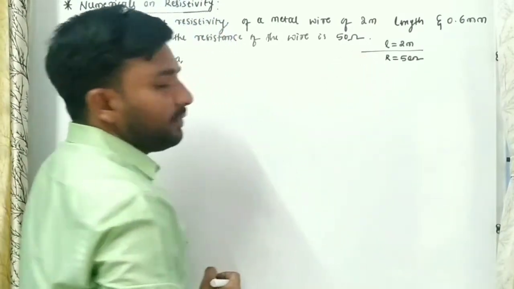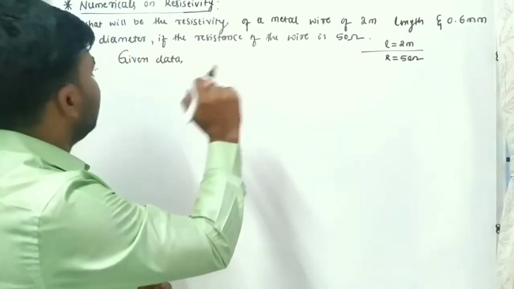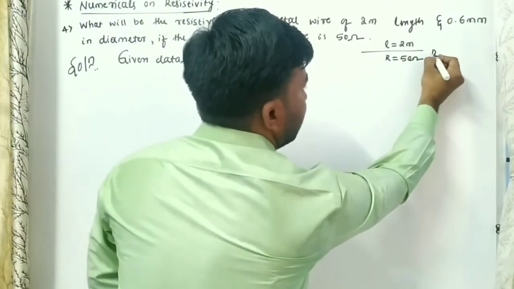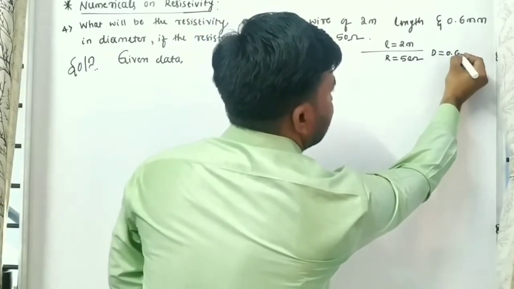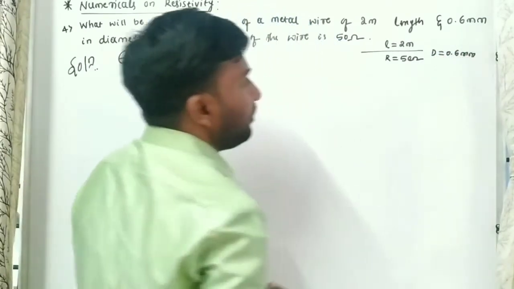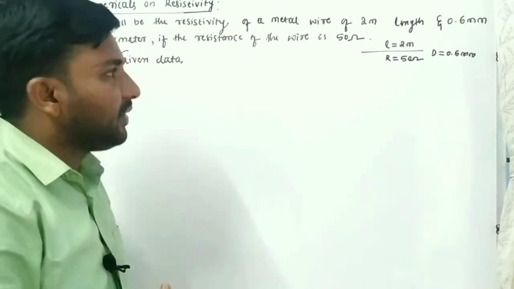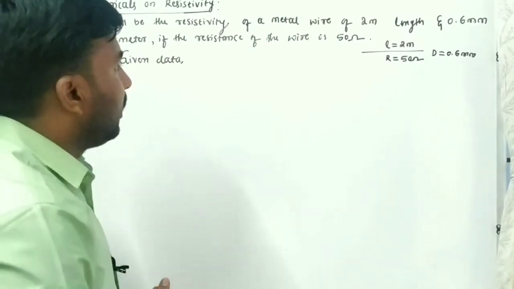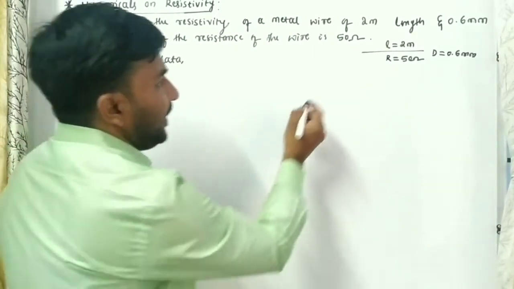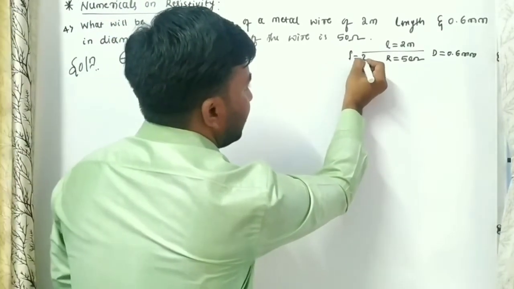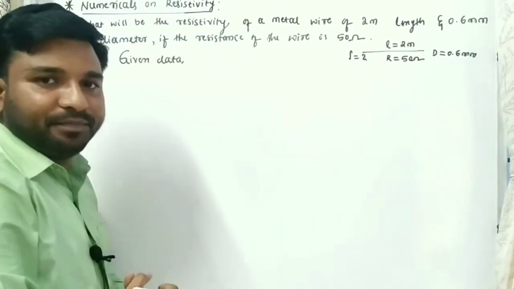The diameter they have given, that is the diameter is 0.6 millimeter, and we need to calculate the resistivity of the wire.